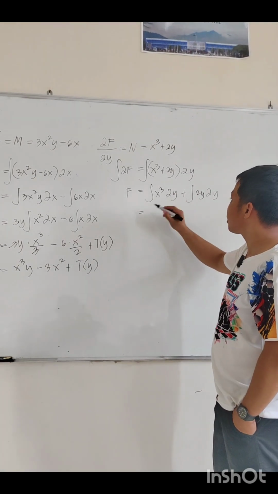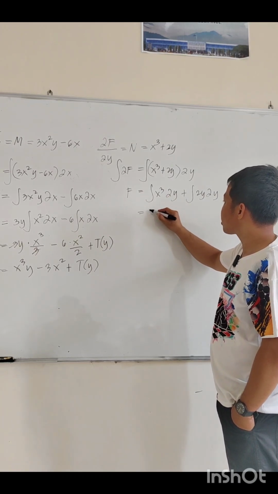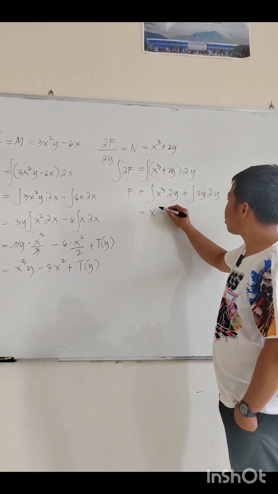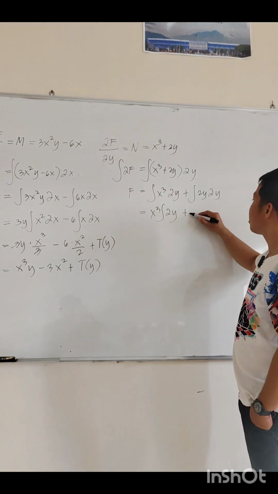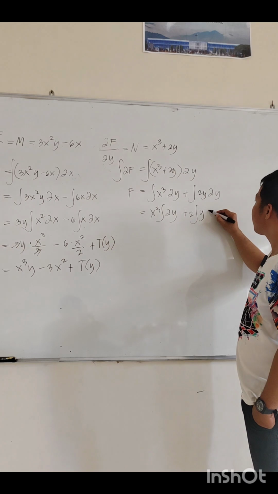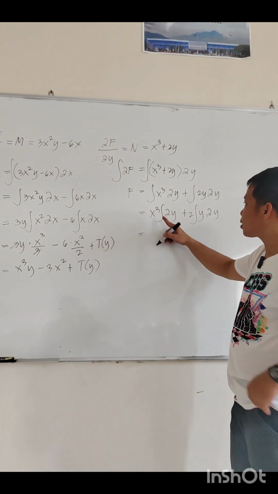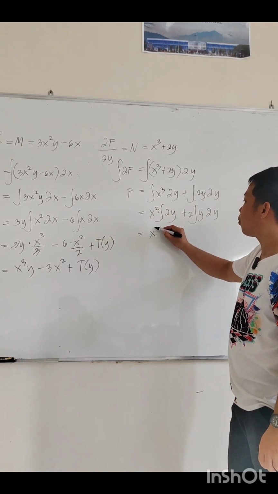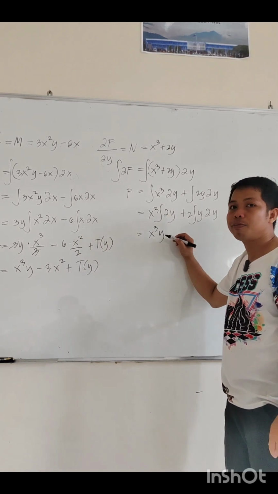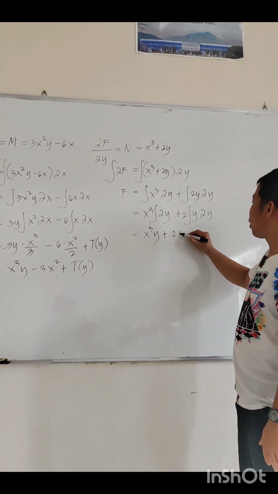So, ito ay, what is the integral of this? Pwede mo tong x cubed integral of 1 plus 2 integral of y with respect to y. So, this is equal to what? What is the integral of 1? The integral of 1 is y. We have x cubed times y. Plus, what is the integral of y?